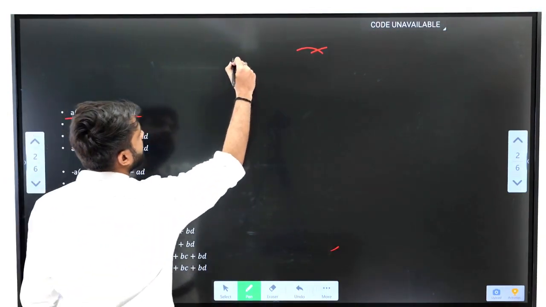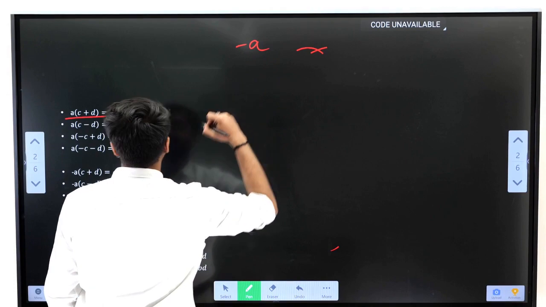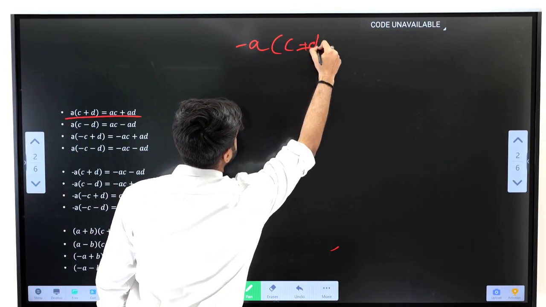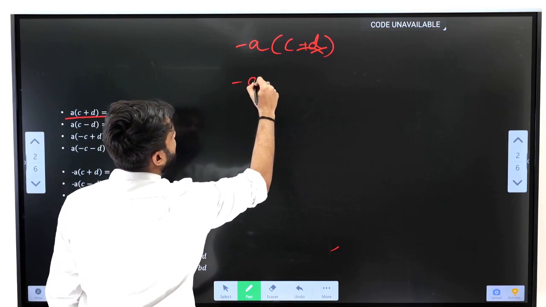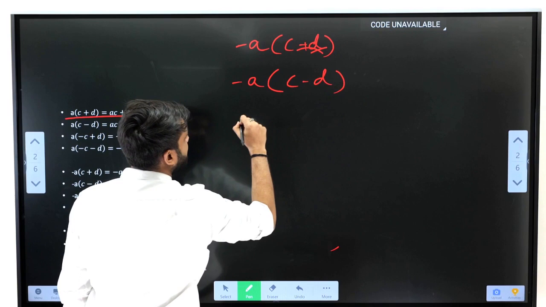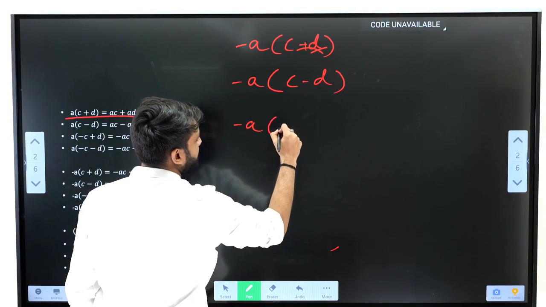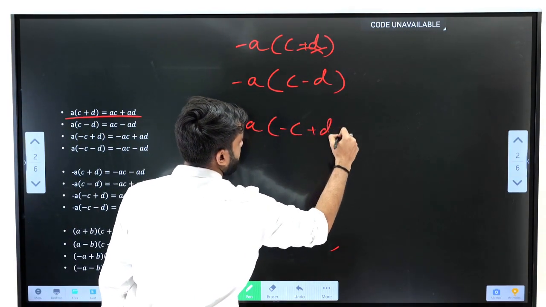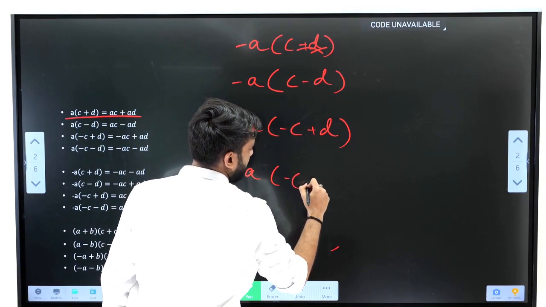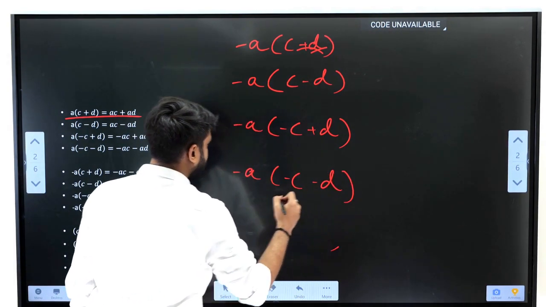Okay, let's start with the negative a series. Negative a in brackets c plus d. Negative a in brackets c minus d. Negative a in brackets negative c but a positive d. And negative a in brackets negative c, negative d.